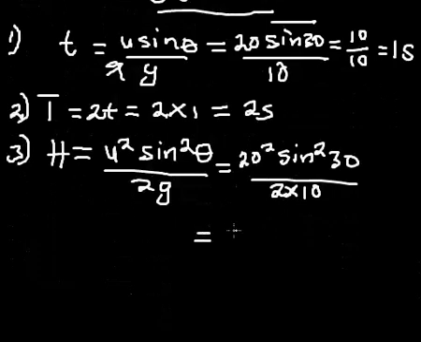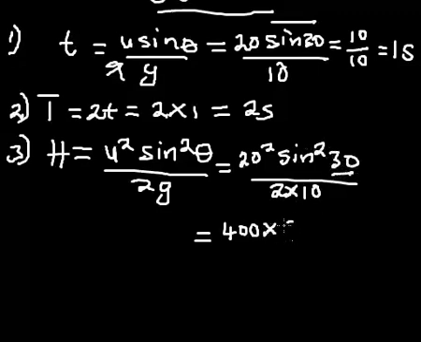So this is going to be equal to 400. Then of course sin square 30, sin 30 is 0.5, okay? So that's going to be 0.5 square, then 400 sin square 30, all over 20.